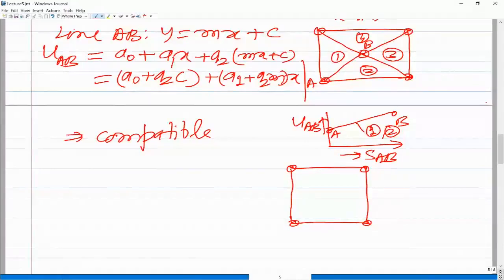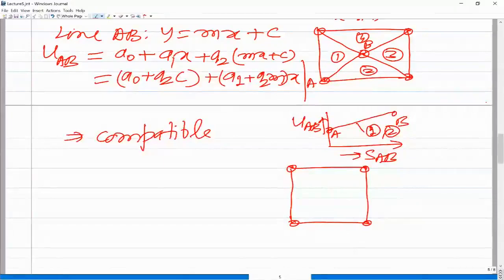Now at A and B, the values of u and v are the same for both the elements at node A, and similarly the values of u and v are the same for both the elements at point B. So at A and B, both the elements have the same u and v values, and in between the variation is linear.